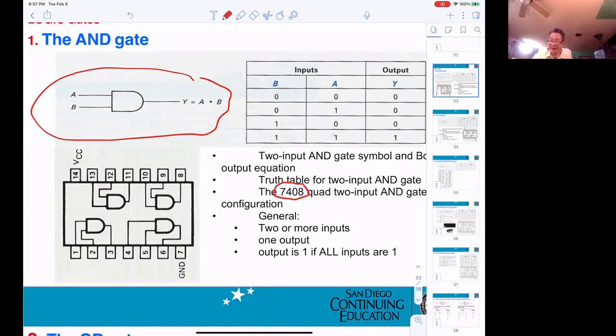Okay? So everything I see, we can get the truth table. That's what we call a truth table right here. Okay? First thing, a truth table, they get only 2 inputs. So you get 4 combinations: 0, 0, 1, 1, and 0, 1, 0, 1. And now the output will be equal 0, 0, 0, and 1.